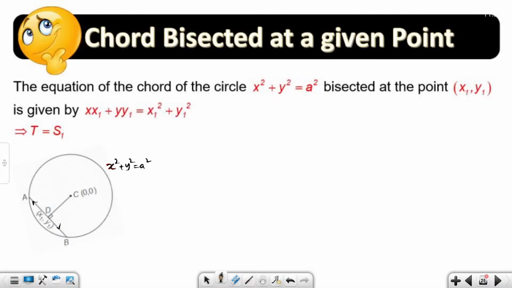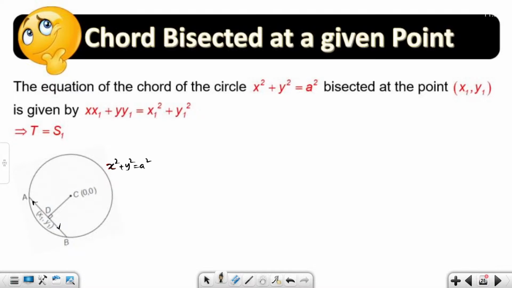So what will be the equation of the chord AB? That's the question. I think the question is clear to you. A chord AB is there, and the midpoint of this chord is x1, y1. This has been given. Now you have to find the equation of the chord AB.